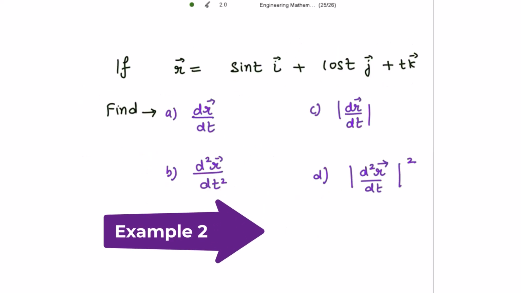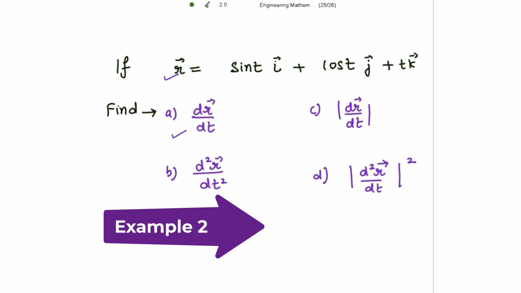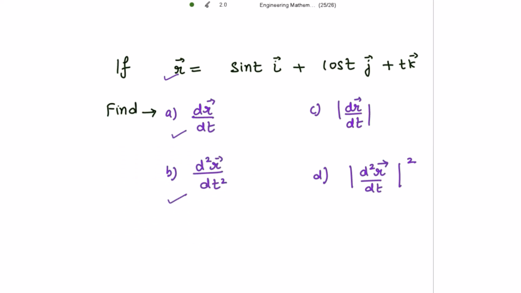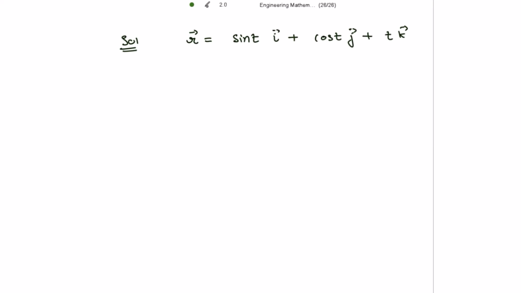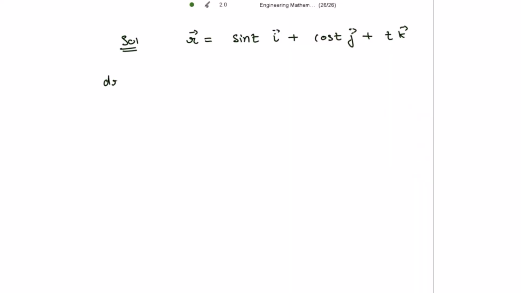Okay, next question. If r vector is this, we need to find the first derivative of r, the second derivative of r, and then we have to take the modulus of the first derivative and the modulus of the second derivative. R vector is given to us. First we are going to find the derivative of r with respect to t.